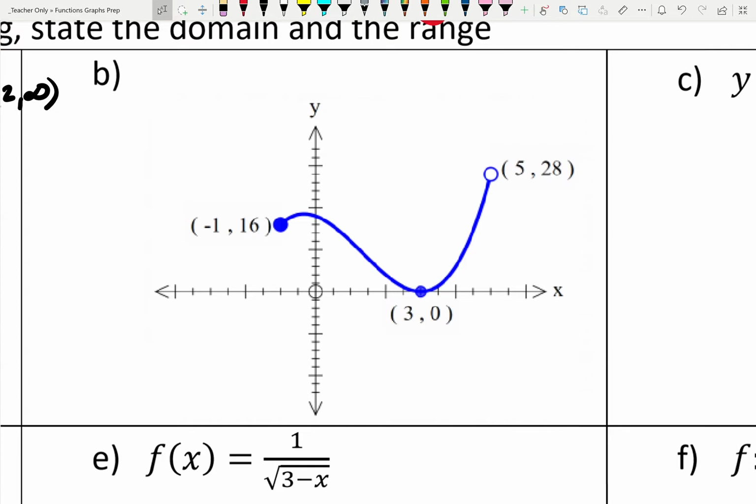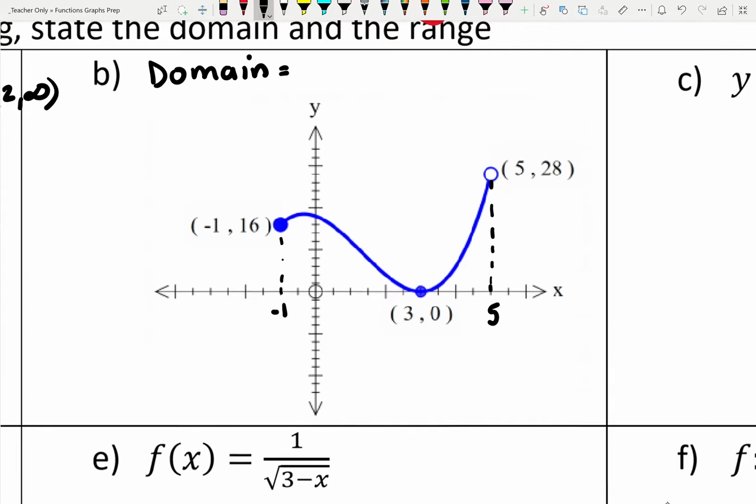So first of all, having a look at our domain, which are our x values. Our lowest x value is this one here, which is -1, and our highest x value is this one here, which is 5.